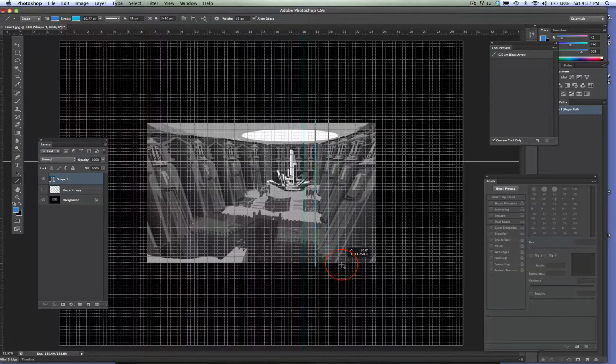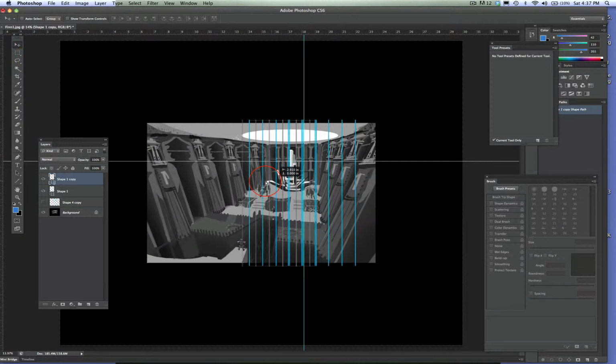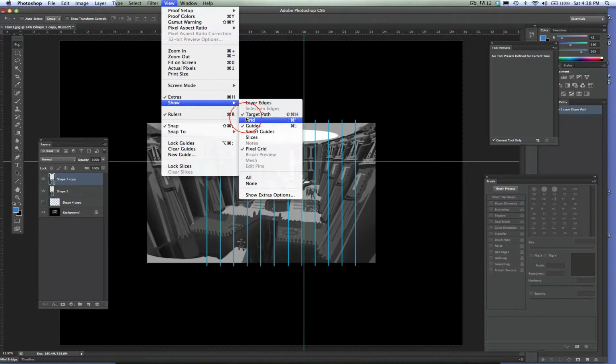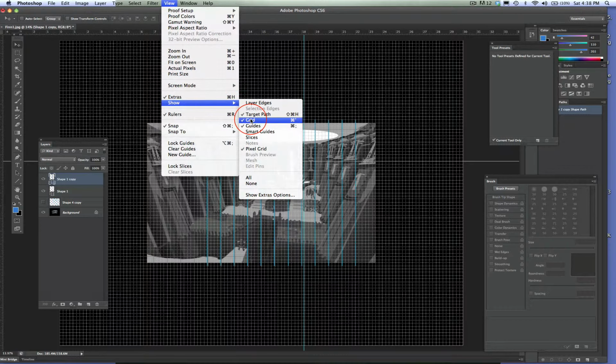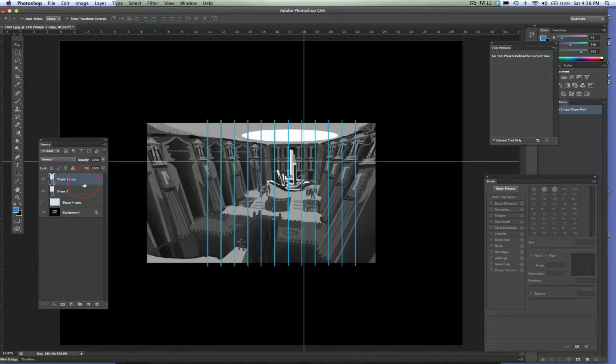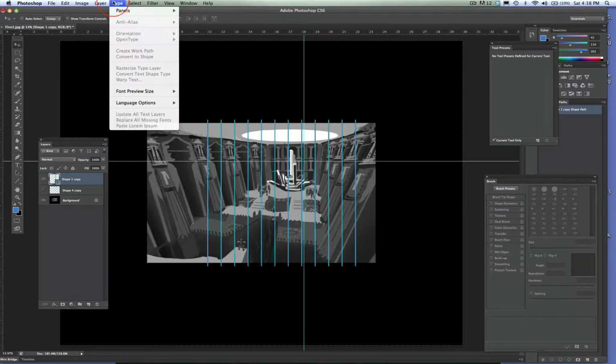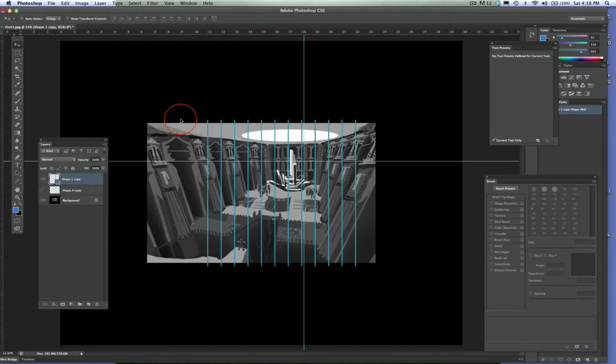Again, using the same technique as before. So I foresee a couple of vanishing points here, and of course you only want one.